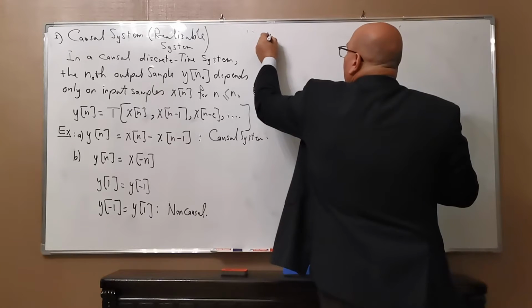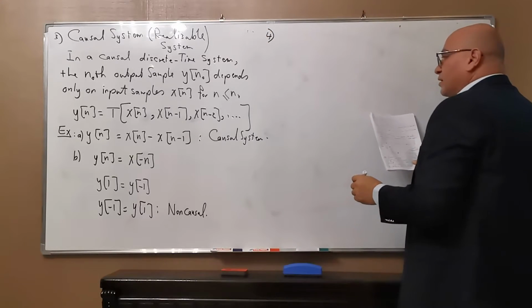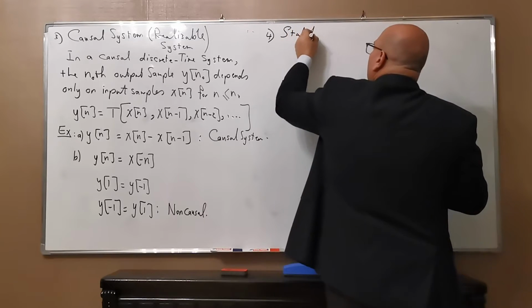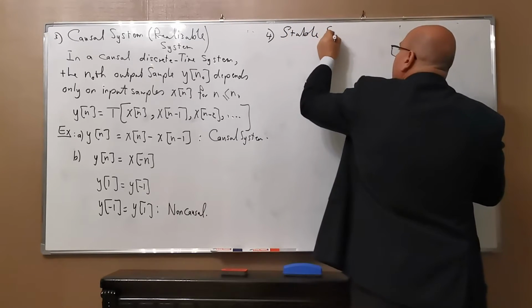Okay, property 4, or classification number 4, is stable systems.